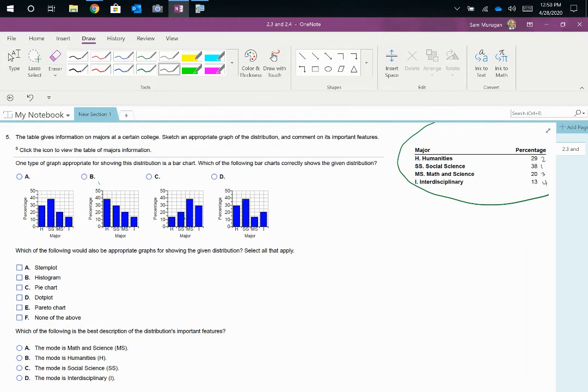So we're looking for a graph that has social sciences the highest, humanities second highest, and math the third highest, and interdisciplinary the fourth highest. I would say that looks like graph A right here. Okay, graph A is likely going to be the one that we're looking for here.